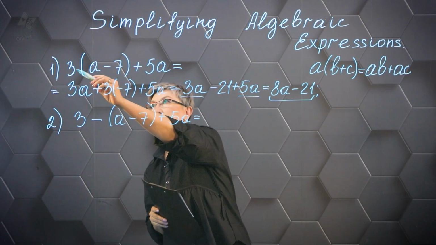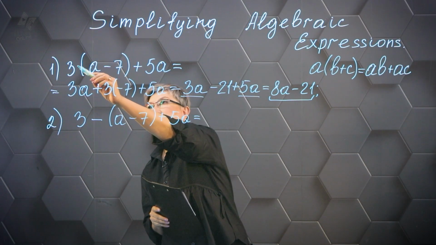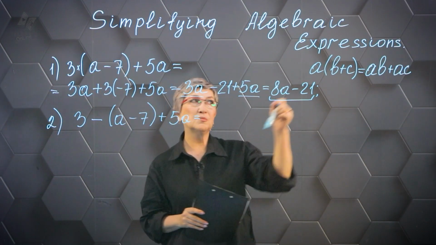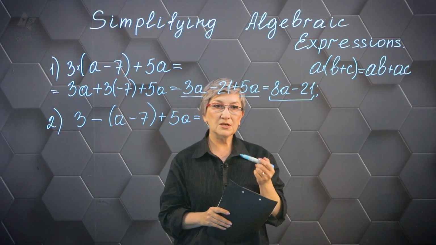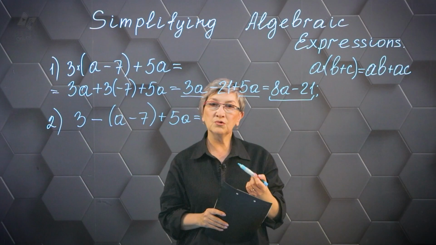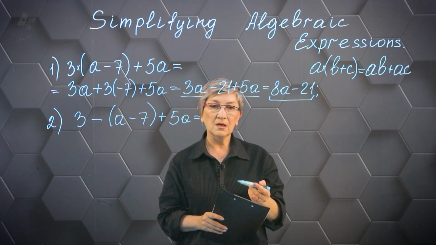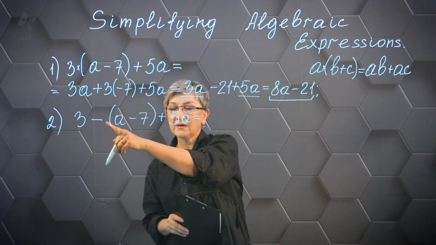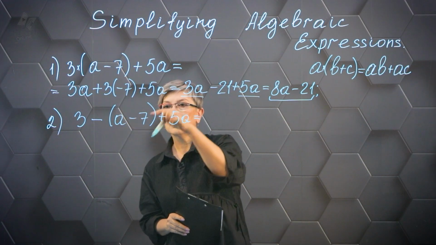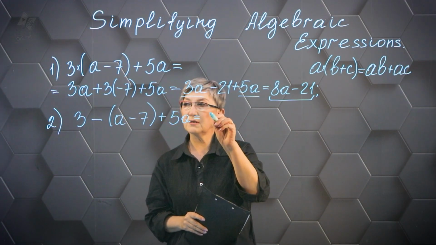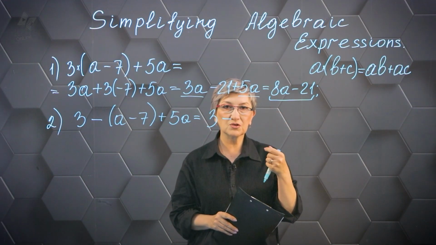Because in the first example, between the number 3 and the parenthesis we use our distributive property. And in the second example, there is a minus sign in front of the parenthesis. So you can't multiply 3 by a and 3 by minus 7. So we're using a rule. When there's a minus sign in front of a parenthesis, then we remove those parentheses.